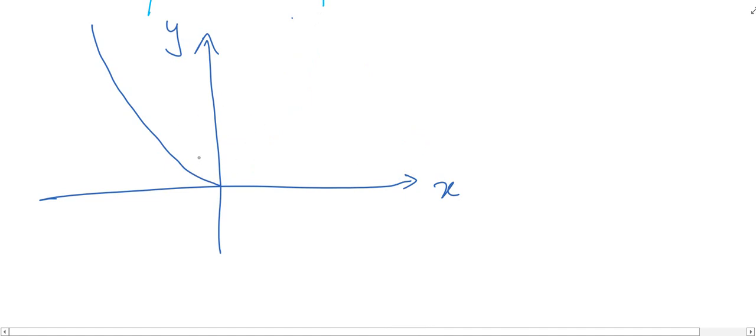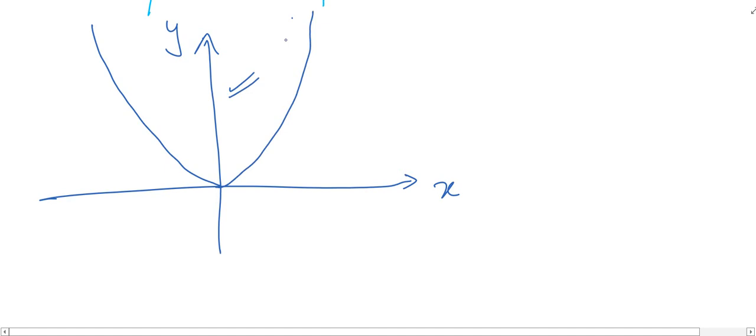If we have some paper with ink and fold it through the y-axis, then we get its other part, which is like this. So the y-axis here is the axis of symmetry, and all parabolas have an axis of symmetry, which passes through the vertex.